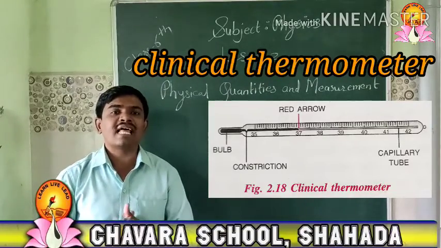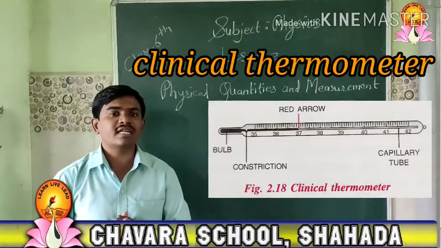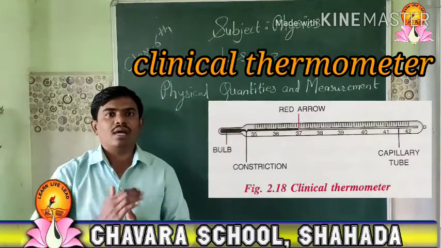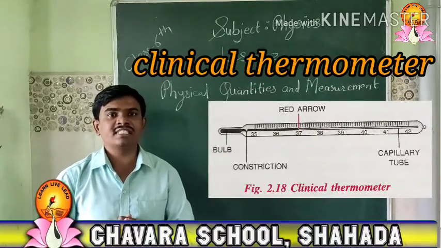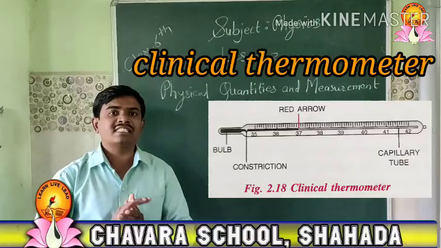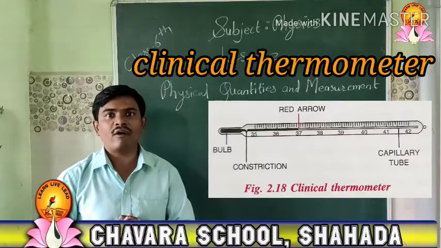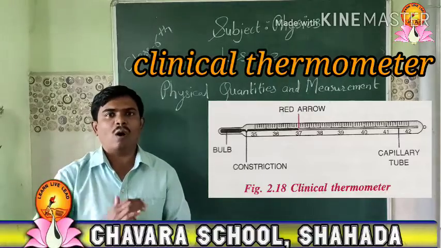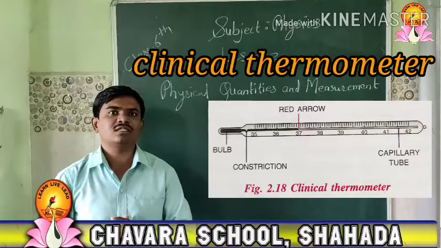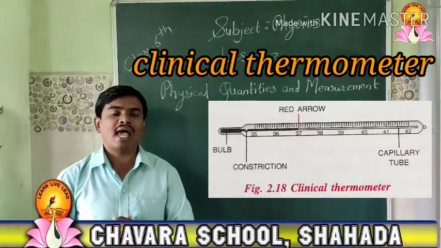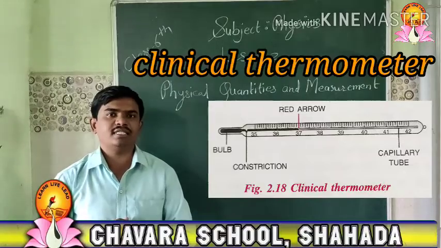It has a slight bend in the stem just above the bulb, and this slight bend is called constriction. The constriction prevents the mercury from falling back all by itself, and you know that students, the temperature of a healthy person is 37 degrees Celsius.